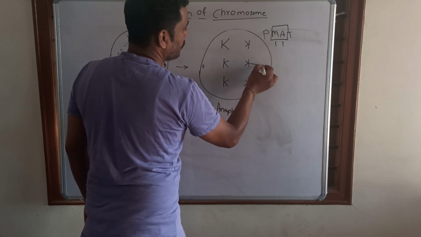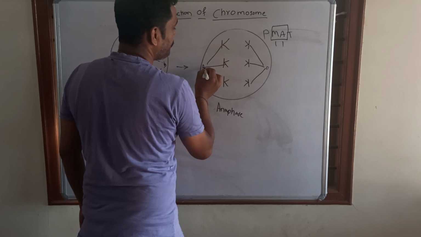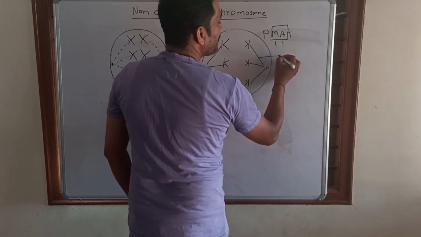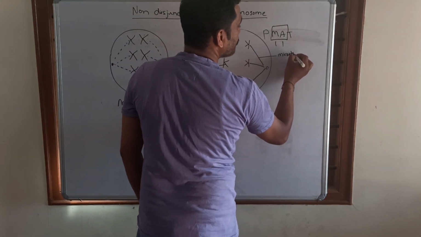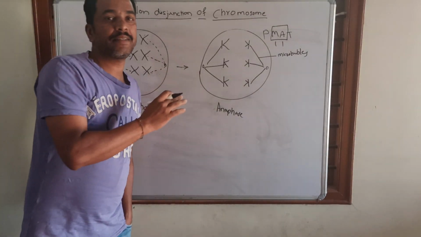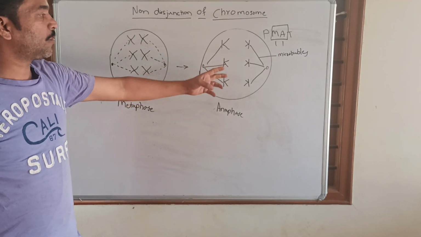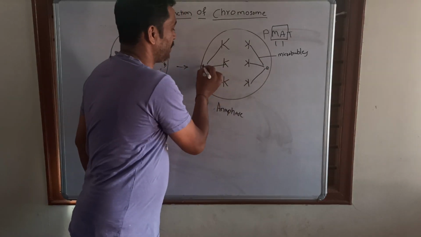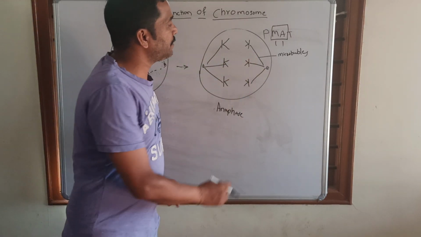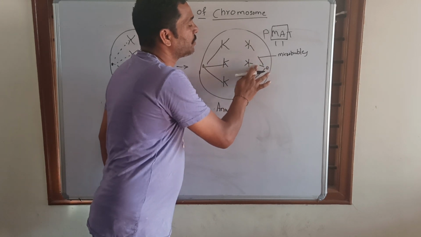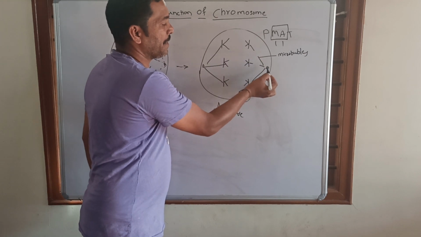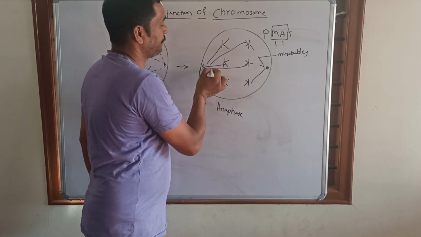These are nothing but microtubules. Microtubules are the important things here, as they pull those chromosomes to the respective poles. While pulling, some microtubules may be broken. Let's say these 2 are broken. Then these 2 chromosomes won't come here; instead, they will go here.